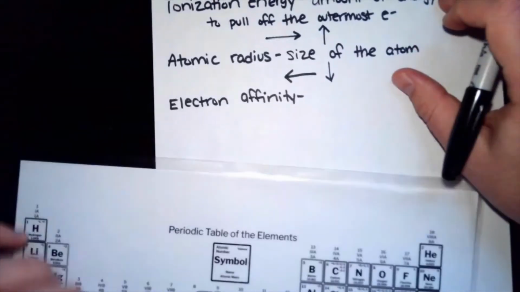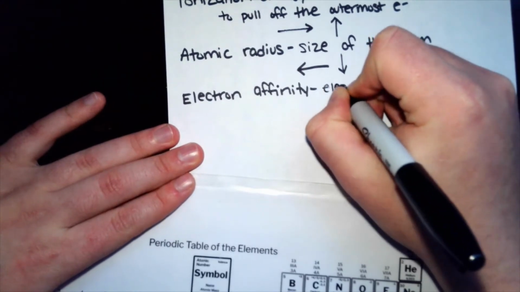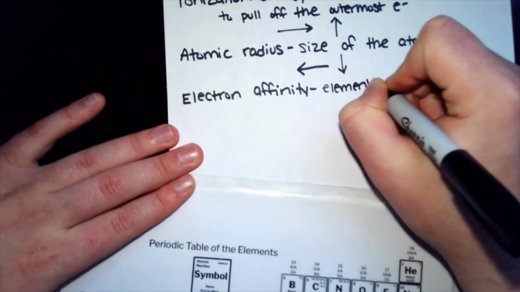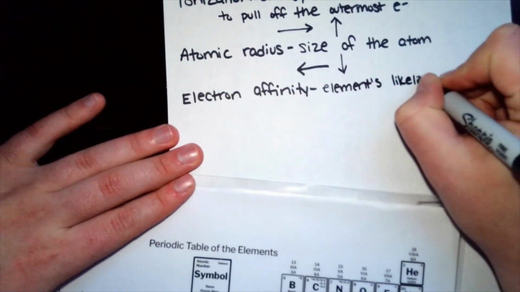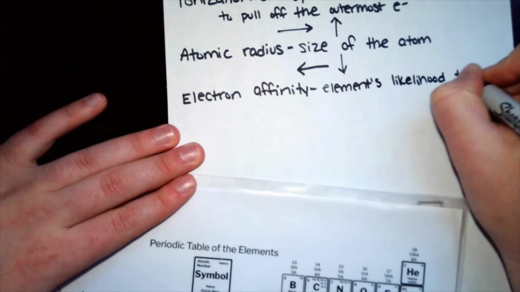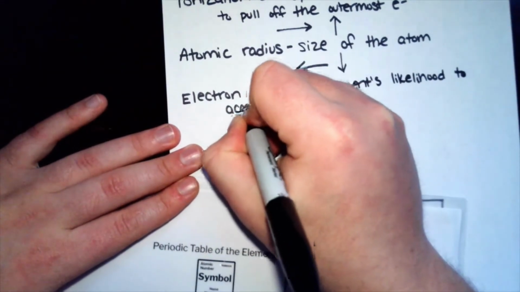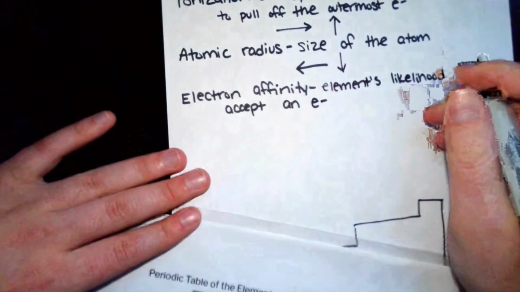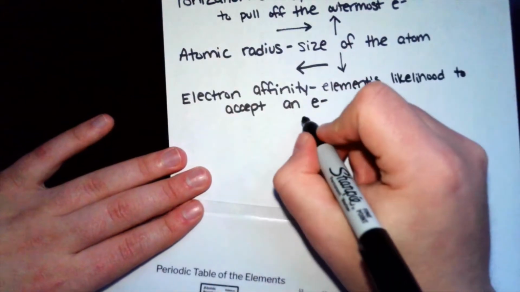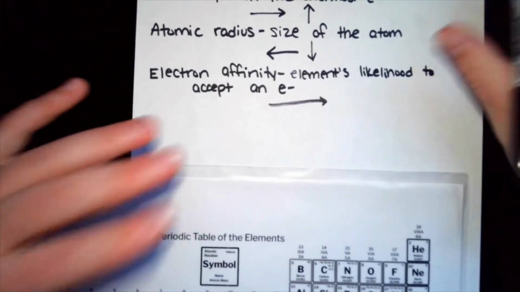So the electron affinity, again, is the element's likelihood to accept an electron. And again, it's going to increase going left to right across a period.